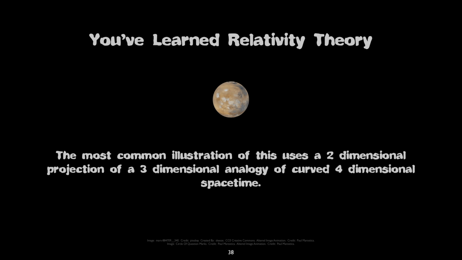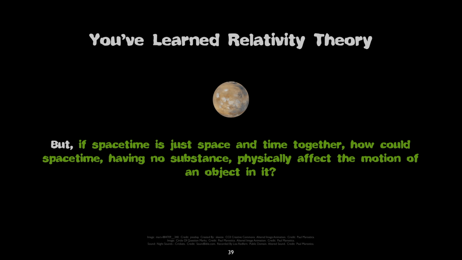The most common illustration of this uses a two-dimensional projection of a three-dimensional analogy of curved four-dimensional spacetime. But if spacetime is just space and time together, how could spacetime, having no substance, physically affect the motion of an object in it?